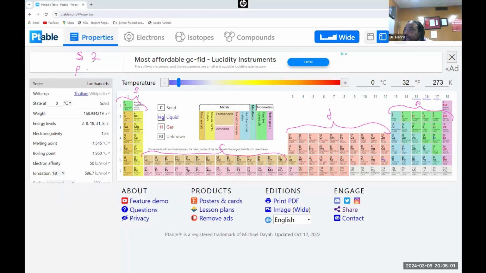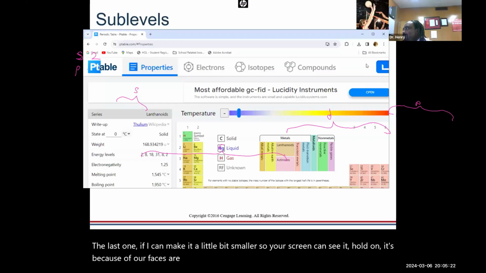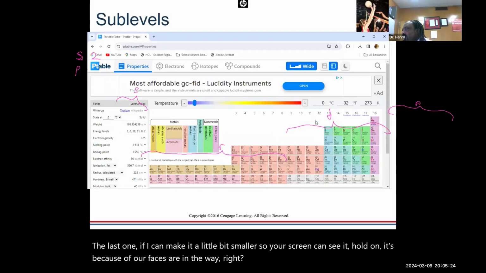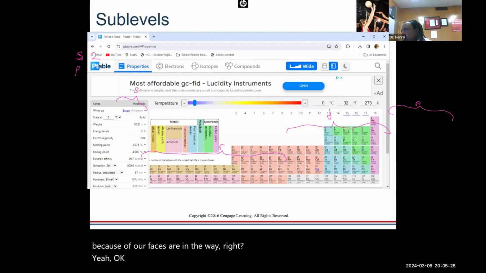How many columns are there? Is it 5? I can't tell because I can't see the last one. See if I can make it a little bit smaller so your screen can see it. Hold on, because our faces are in the way. Okay, here's the P right here.